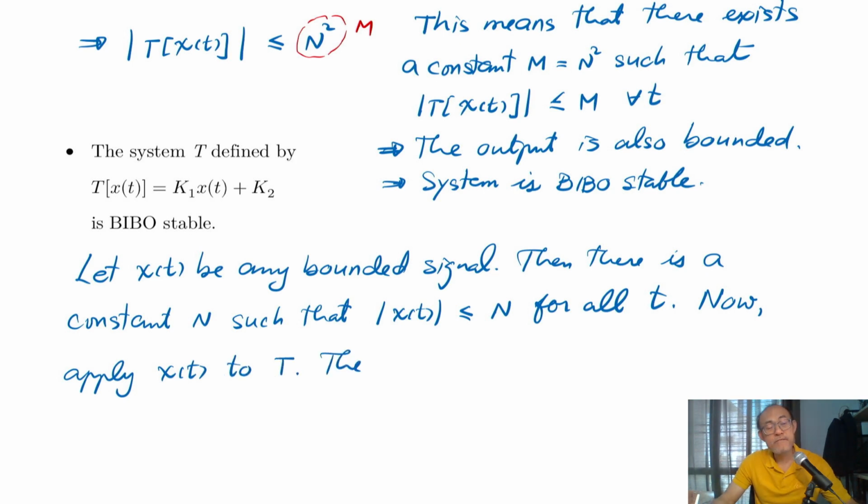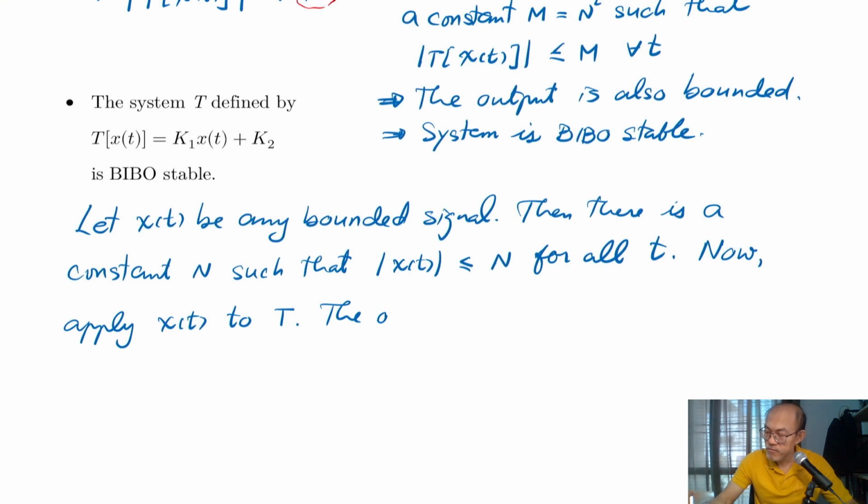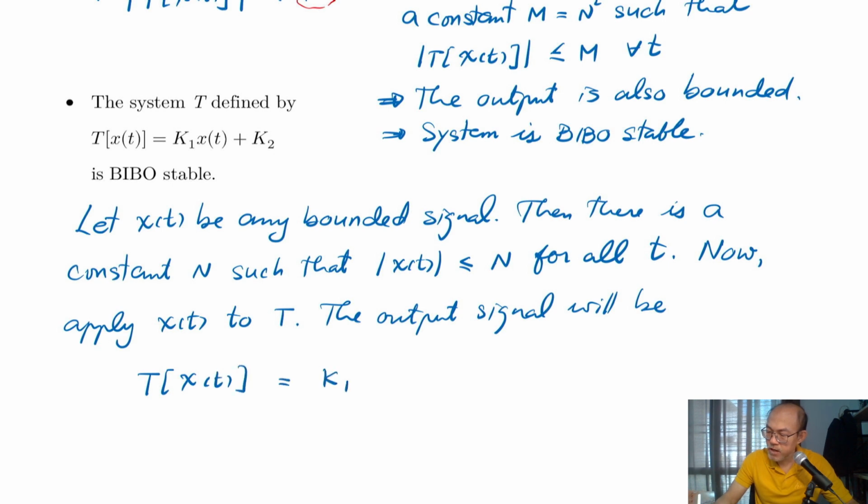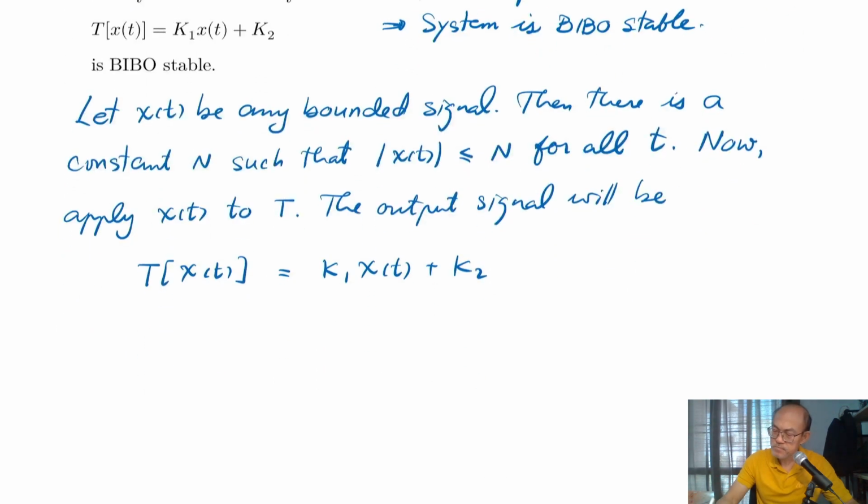Okay, from the definition of T, the output signal will be T of x equal to k1 x(t) plus k2, right? So we take the absolute value of T here.